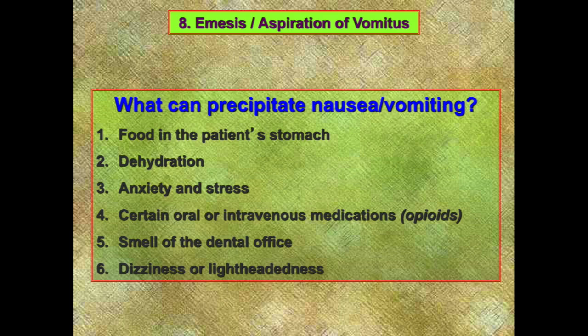Certain oral or intravenous meds can cause nausea and vomiting, and those are the opioids especially. The smell of the dental office, just from some of the chemicals we use there, zinc oxide, eugenol, or the cleaning agents we use, can really smell up the air in the dental office. And if the patient's dizzy or lightheaded, they can have that also.